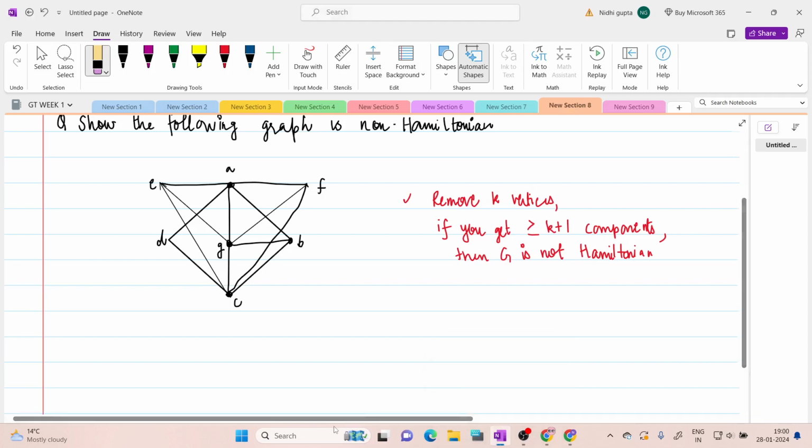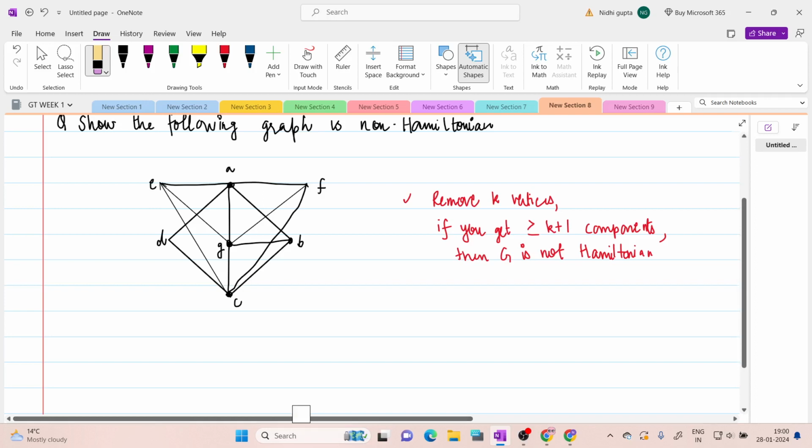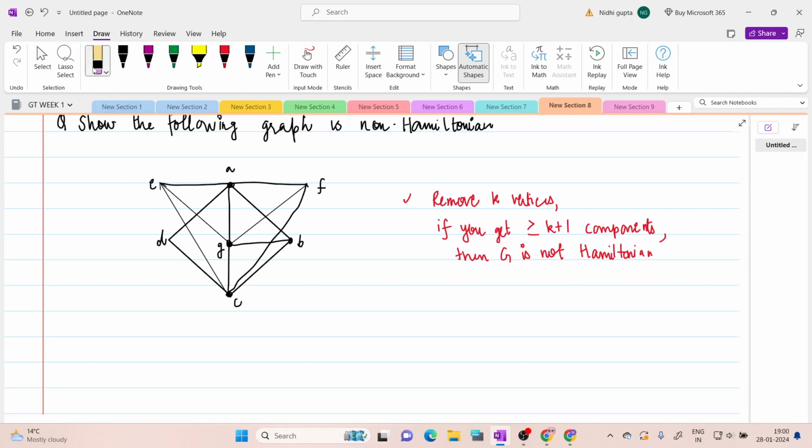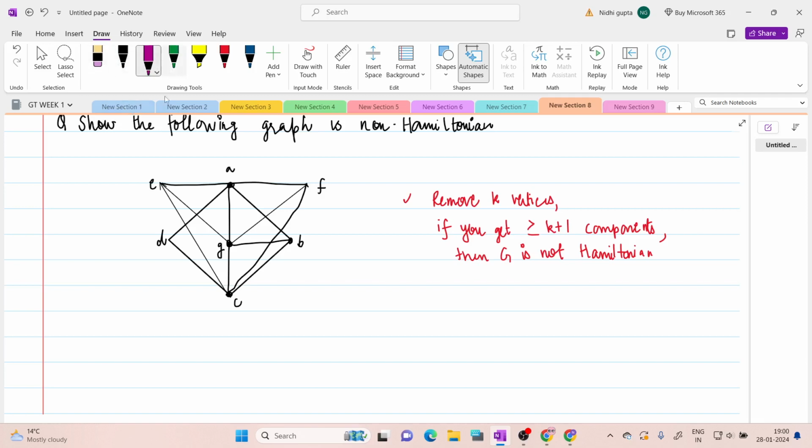Should we not remove a vertex which has the highest degree here? At least we would have higher chances of getting more components. Say if we remove G from here, then probably... Yes, that is true, there will be more chances.